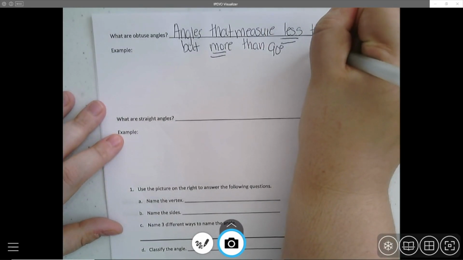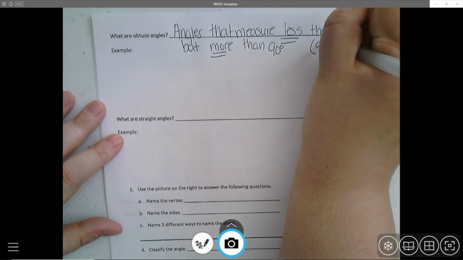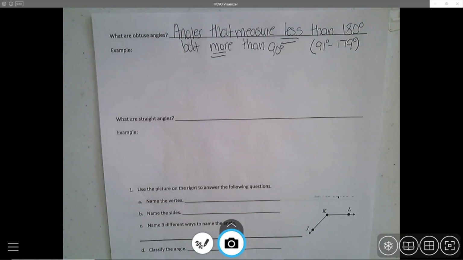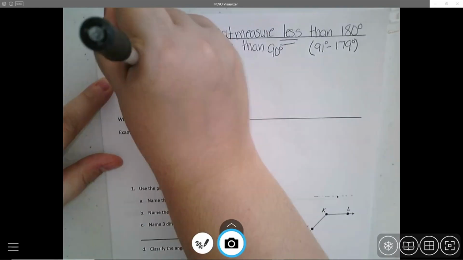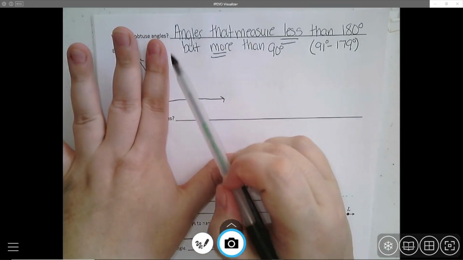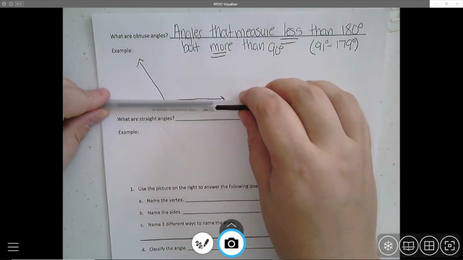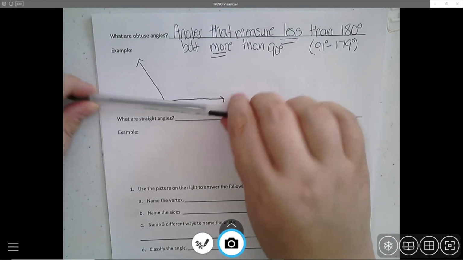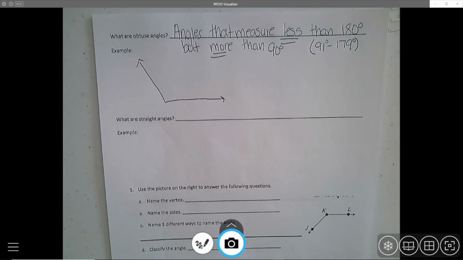These really are angles from 91 to 179 in terms of degrees. Your obtuse has to be bigger than a right angle and less than 180 degrees. Okay, and if I give an example of this, it looks something bigger than a corner, because my corner would be somewhere like this, but it doesn't look anything bigger than 180. 180 is when we get down here, this next one, a straight angle. Okay, so if it's something between a corner and a straight angle, that makes it obtuse.